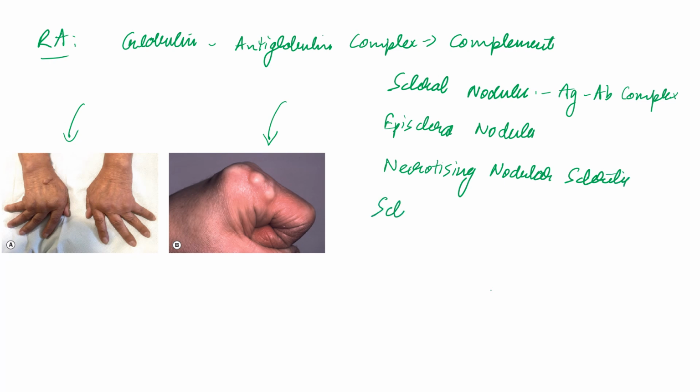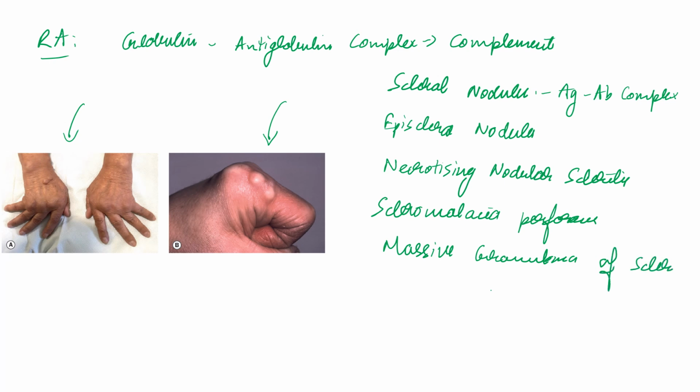There can be scleromalacia perforans. There can also be massive granuloma of sclera. There can be brawny scleritis. These are all the manifestations of rheumatoid arthritis in sclera. How do you treat a case of rheumatoid arthritis? We treat with systemic corticosteroids.